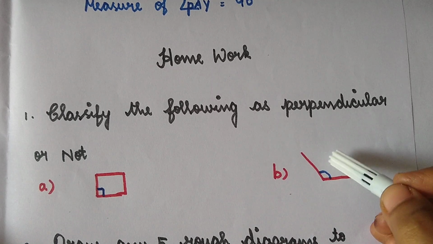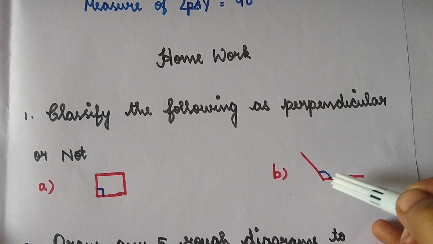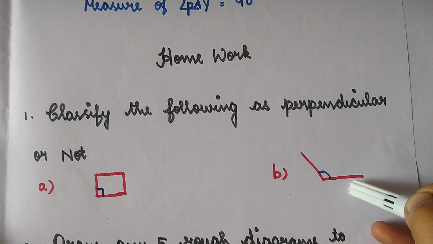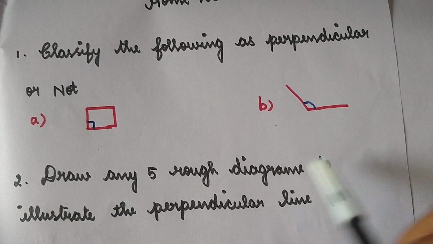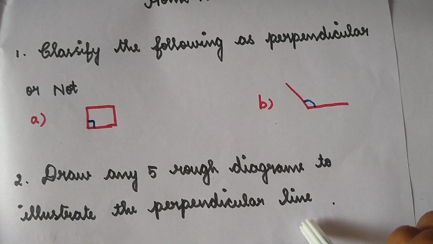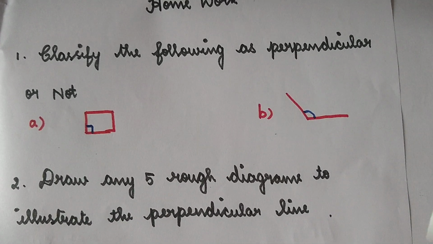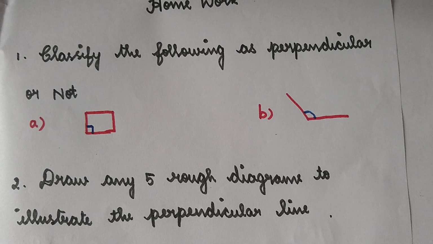The second one, you have to find these angles. Are these lines perpendicular or not? Next, see the second sum. Draw any rough diagram to illustrate perpendicular lines. So you have to draw any 5 diagrams related to perpendicular lines.